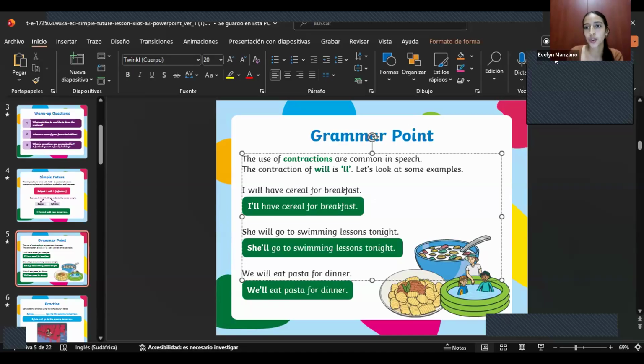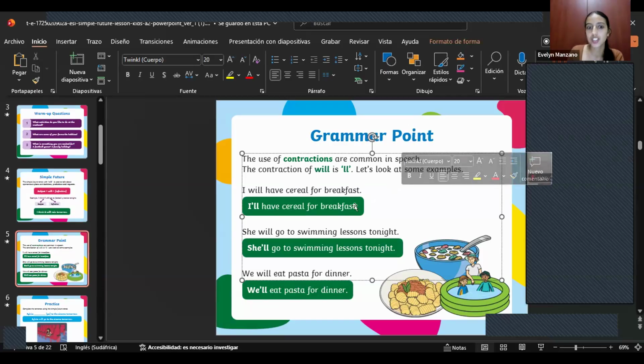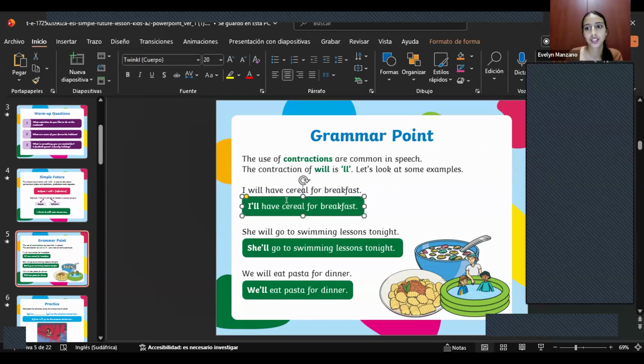Jennifer or other student, tell me what is the contraction? What does the contraction sound like? Maybe perhaps Killian, tell me what is the contraction with the subject? I'll. Yeah, sounds good. So I'll have cereal for breakfast.